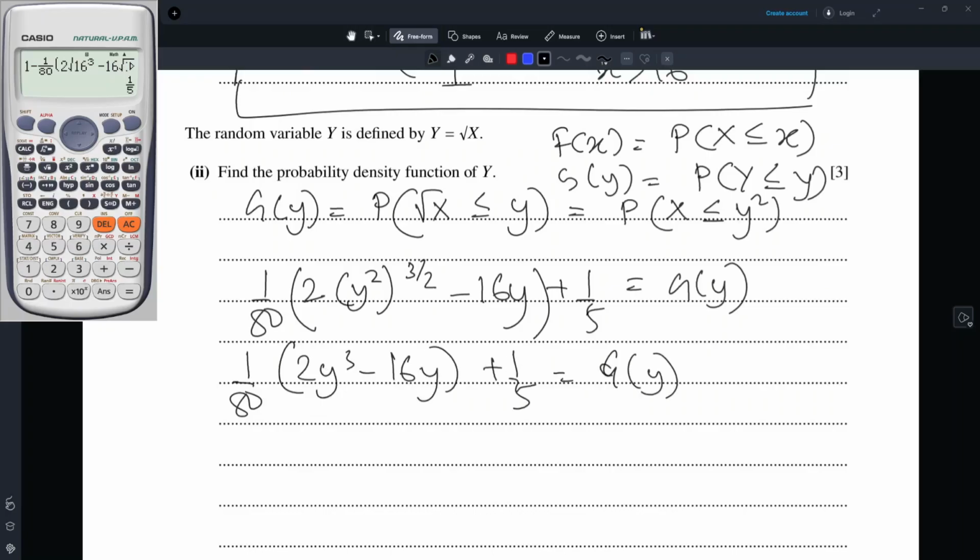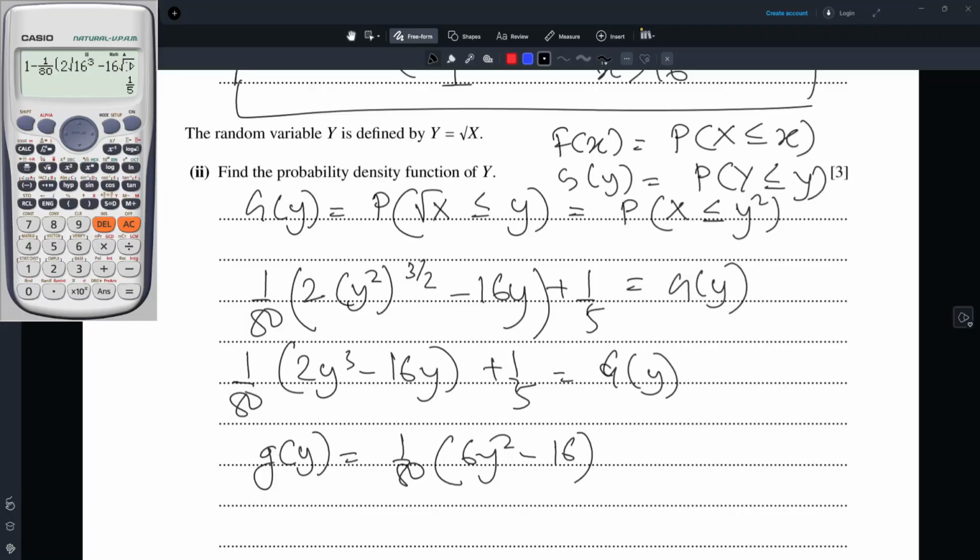So then what we have is 1 by 80, 2y cubed minus 16y plus 1 by 5 equals G of y. And because I have to find a density function, I need to differentiate this. So g of y equals 1 by 80, 6y squared minus 16.